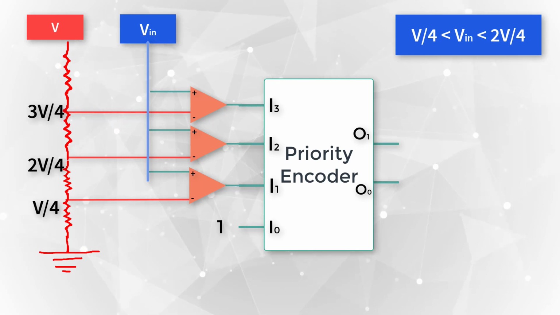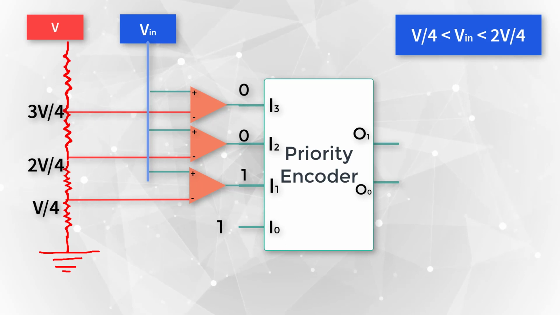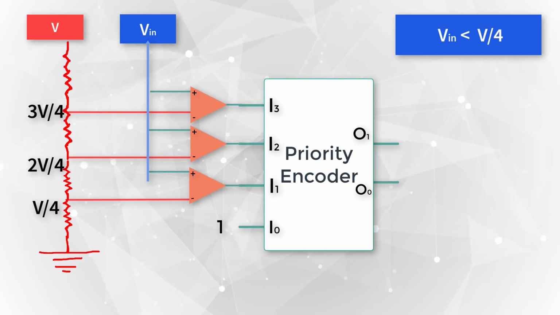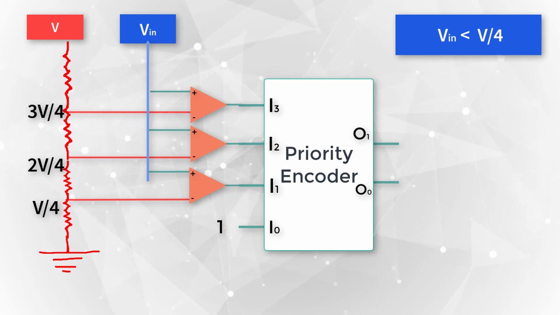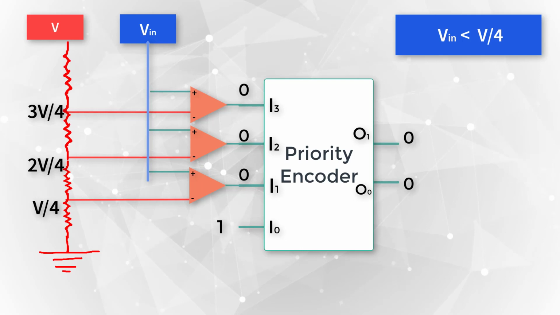Similarly, if input voltage is between V by 4 and 2V by 4, priority is given to the output of op-amp 1, and the encoder gives output 0, 1. When the input goes lower, say lesser than V by 4, no op-amp gives the output 1, but we have LSB equal to 1, and hence the output is 0, 0.